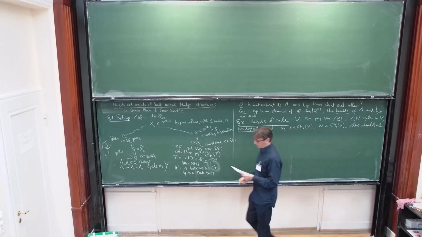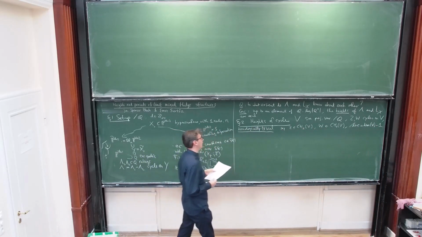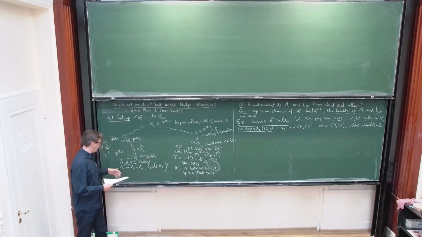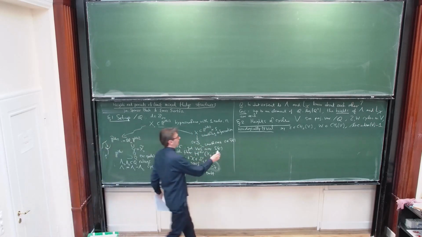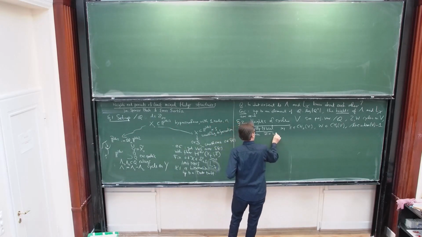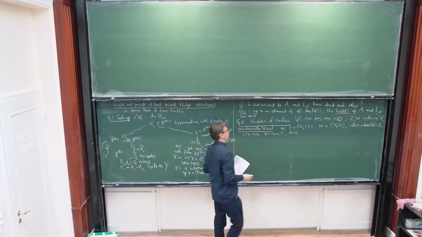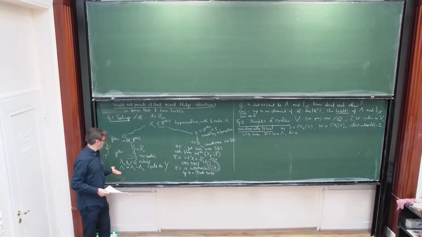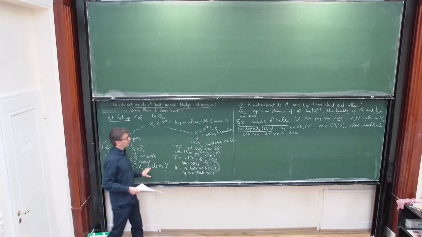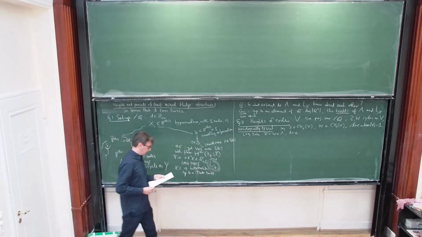This is the correct numerology in order to get some kind of intersection pairing between these 2 cycles. And also that condition holds for our lambda, where, so e.g. take V, W is lambda, and D is in fact equal to E in this case. So it's kind of in the right dimension in order to take a self-intersection, and this self-intersection is going to be related to the height.